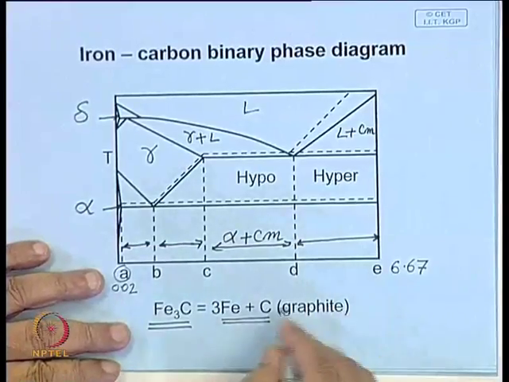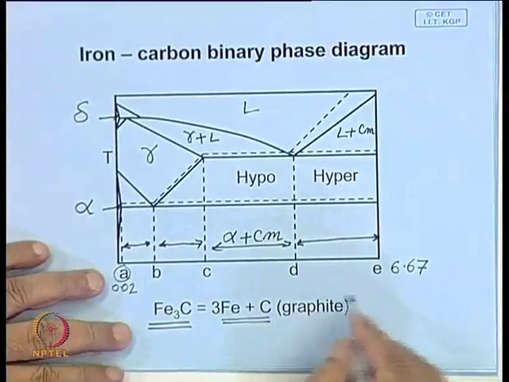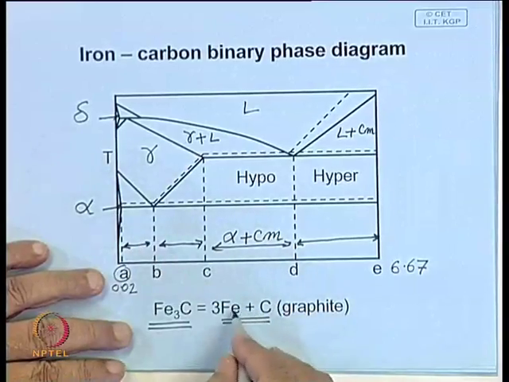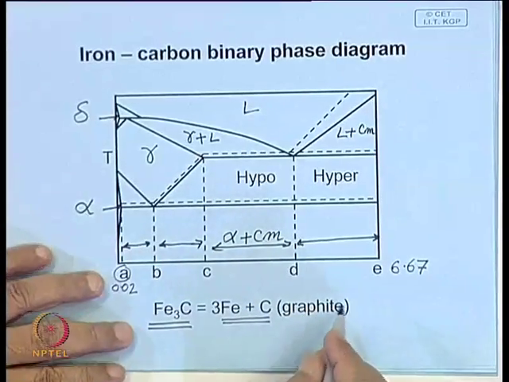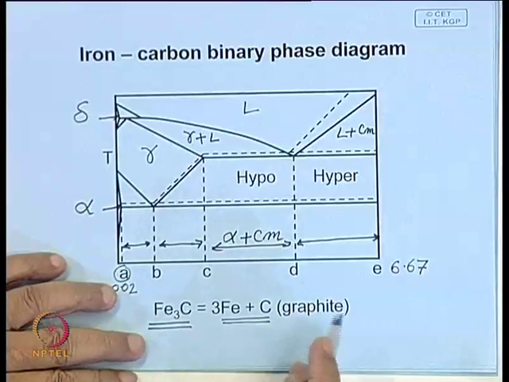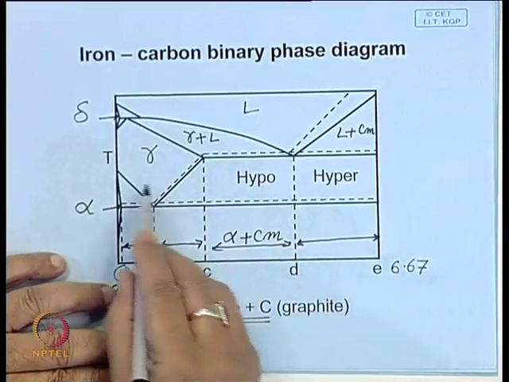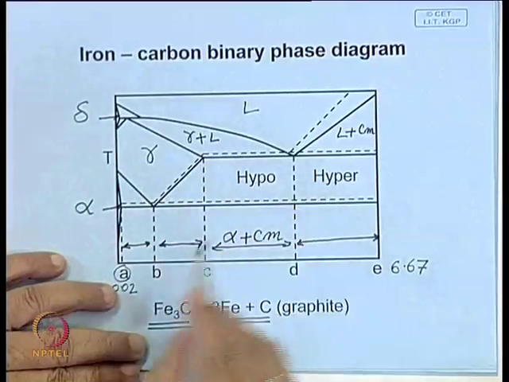That shows that on prolonged holding at high temperature, cementite can break down and you will have graphite, and the tendency for this graphitization is high as you move towards higher carbon content.